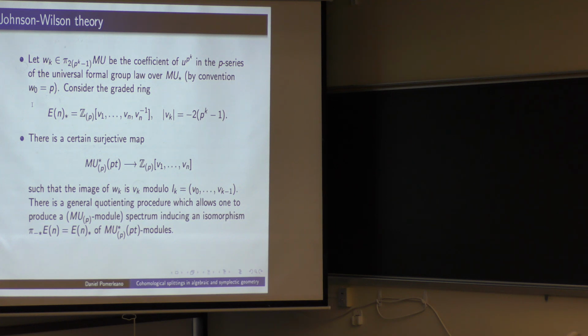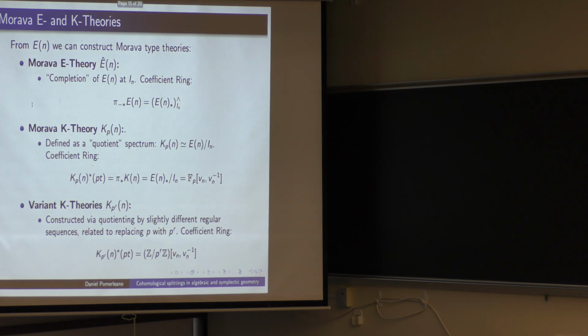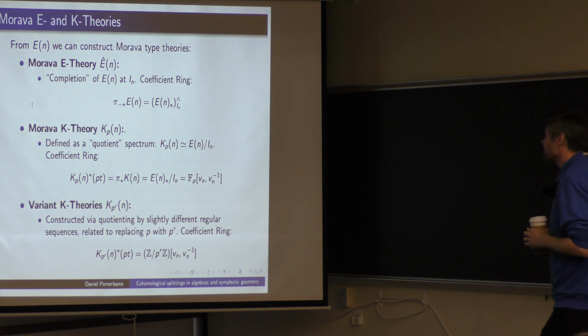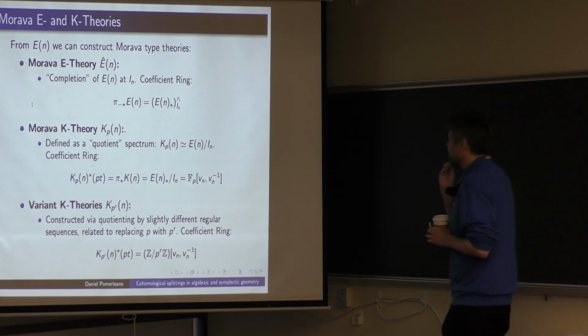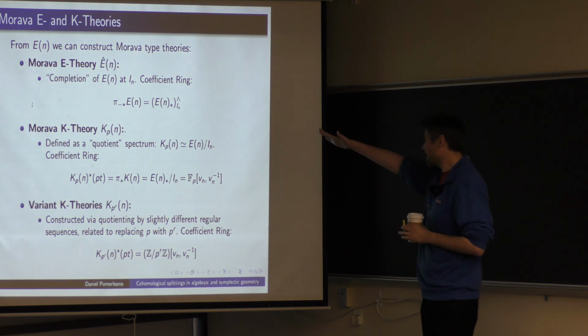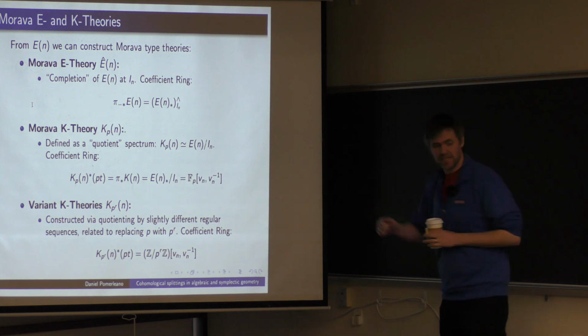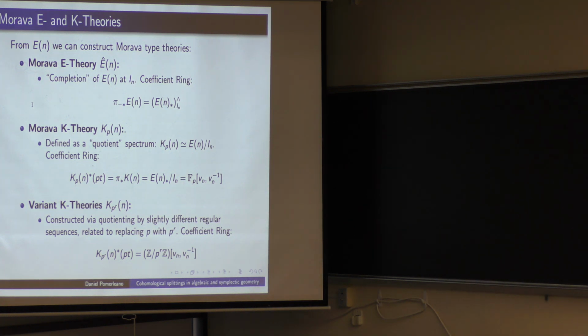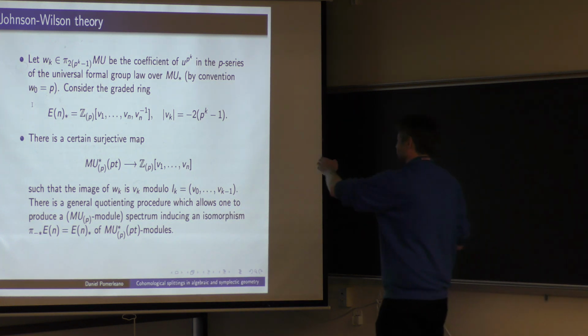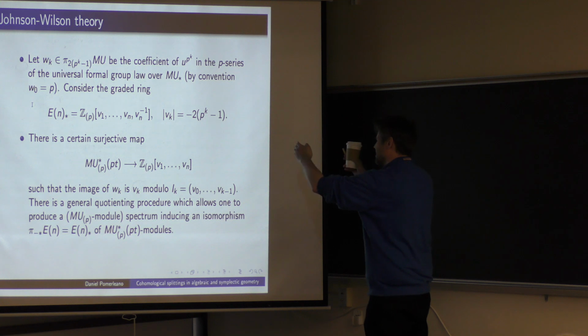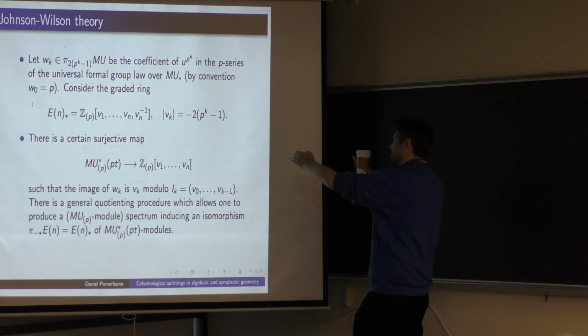And from there, you can do all kinds of stuff. You can complete it, so there was this ideal that arose, which was just all the variables v0 up through, say, Vn minus 1.